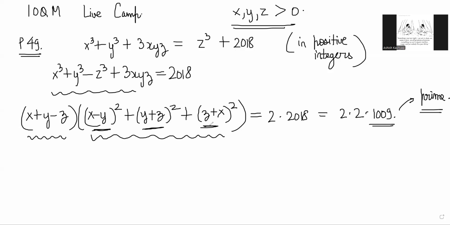So you could get 1 mod 2 or 0 mod 2. The sum of squares here should be even. Think about it.